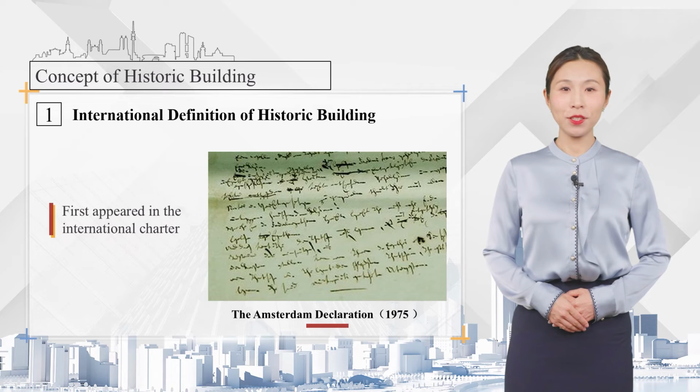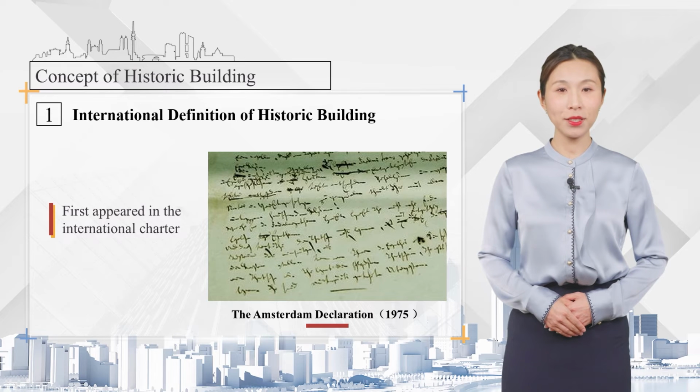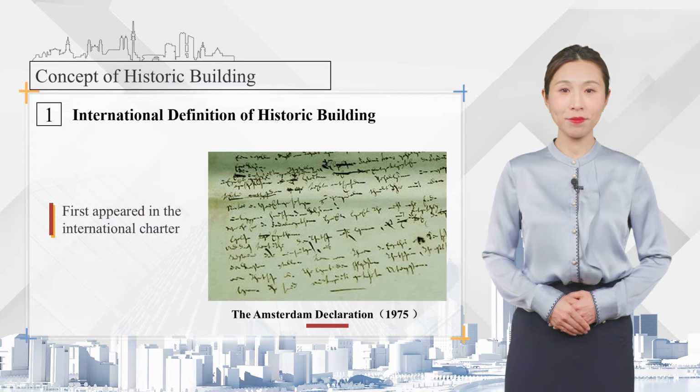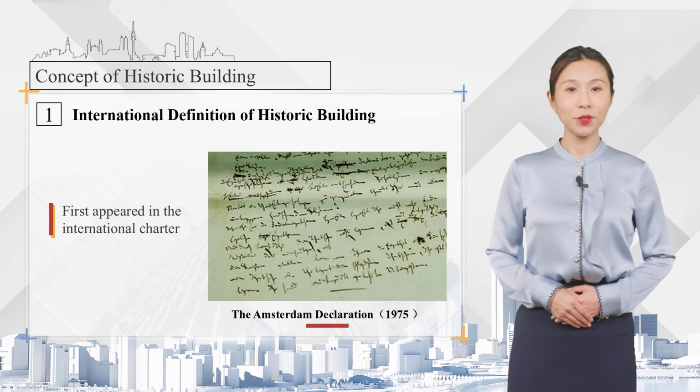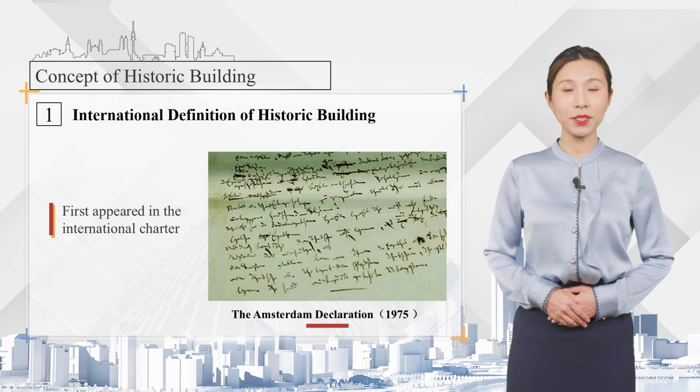Until the middle of the 20th century, the West focused on the architectural heritage of high-grade monuments that had a great impact on the history of human civilization. It was not until the Amsterdam Declaration of 1975 that the term historic building was first mentioned.